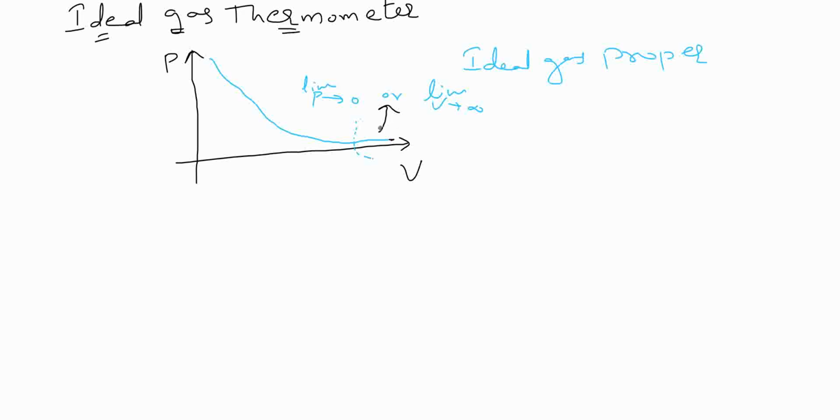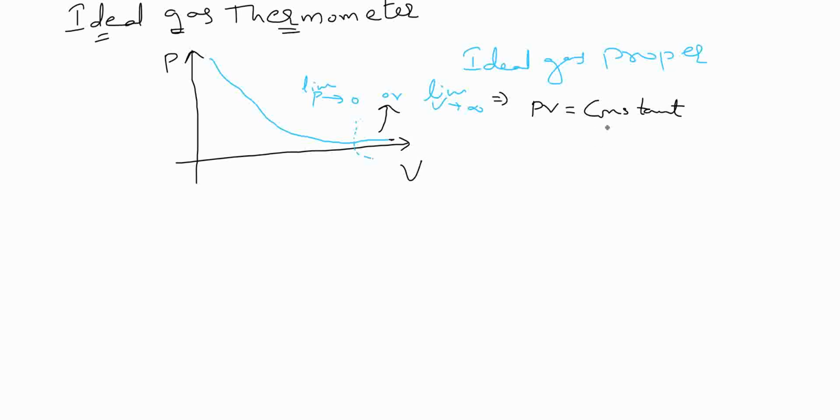And after this, V tends to infinity, then PV is a constant. That is, it no longer depends on pressure or volume. Then, volume tends to infinity or pressure tends to 0.